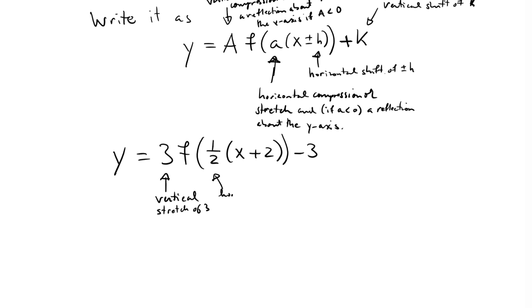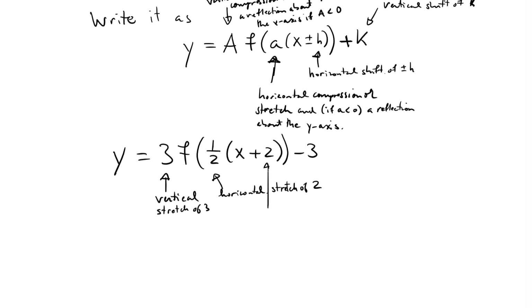This is going to be responsible for a horizontal, not compression. Remember, for compressions you need to have something above 1. So this is a horizontal stretch of 2. It's always the inverse of that number for stretch and compression.